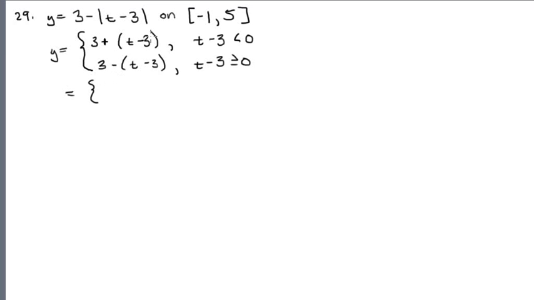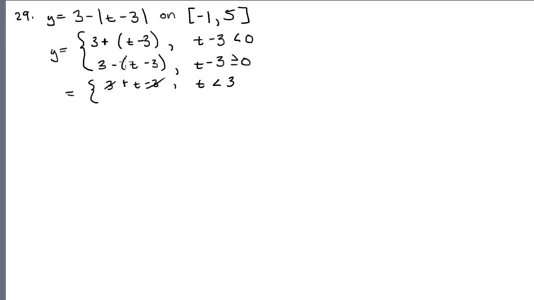So this simplifies. I can drop this grouping symbol here, so I get 3 plus t minus 3 in the first case, and we can simplify this inequality by adding 3 on both sides. Those are the cases wherever t is less than 3. I also note that I get some additive cancellation here.